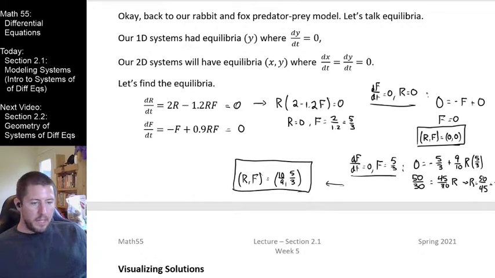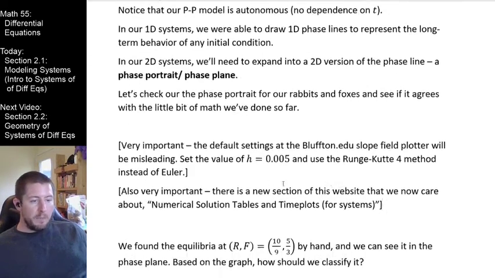So we're talking about visualizing our systems here, and we just saw it did a pretty good job for us.